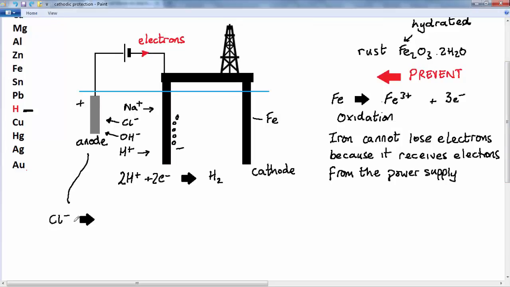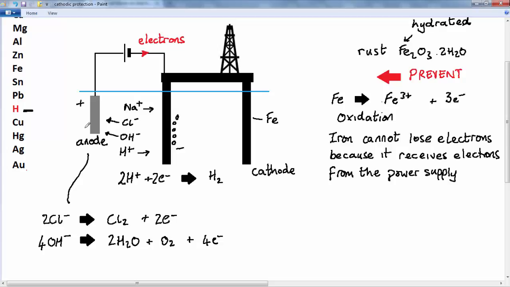The chloride ions will lose an electron to form chlorine gas, while the hydroxide ions will also lose an electron to form water plus oxygen plus 4 electrons, and we put a 4 there to balance the equation. Okay, so those are the electrode half reactions for the anode.